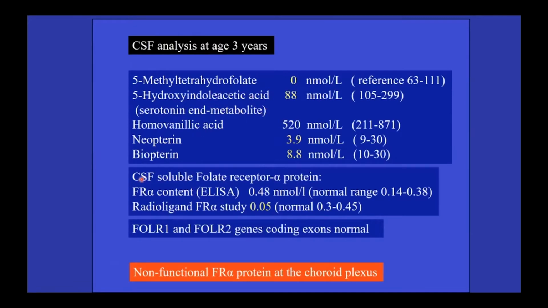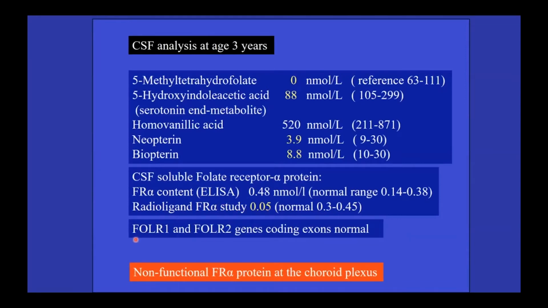A portion of the CSF fluid was used to study the folate receptor alpha protein, part of which is secreted. Normally it's anchored to the choroid plexus epithelial cells, and in this secreted portion you find a normal folate receptor alpha concentration, but the binding with radioactive folate was found to be very low.